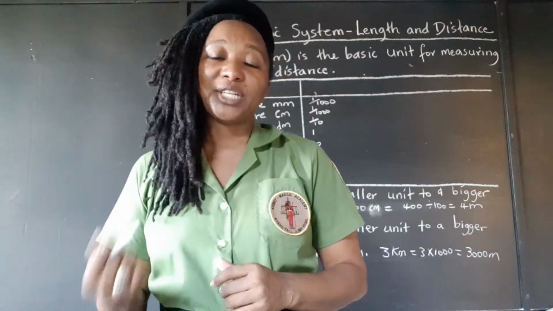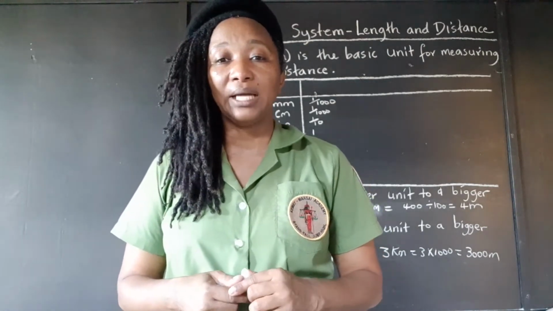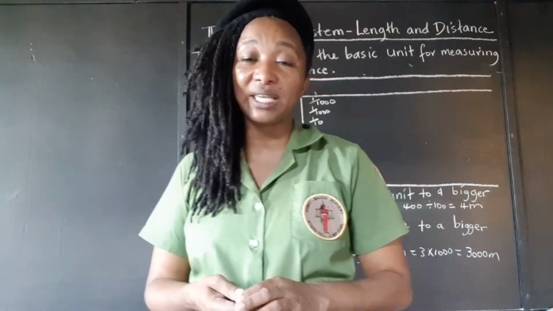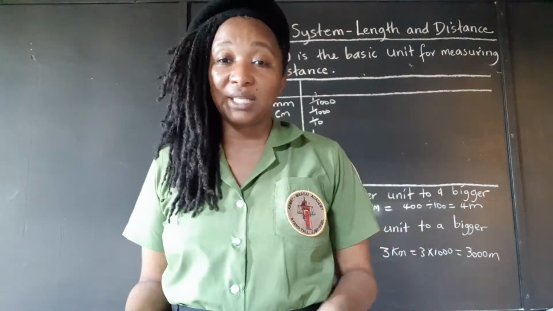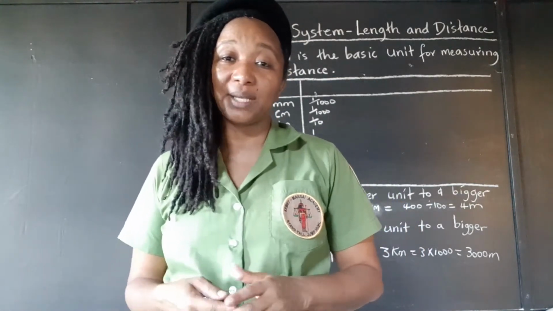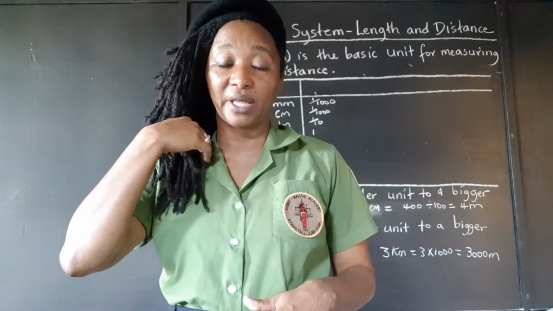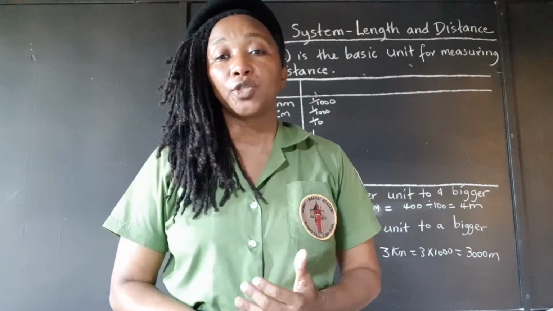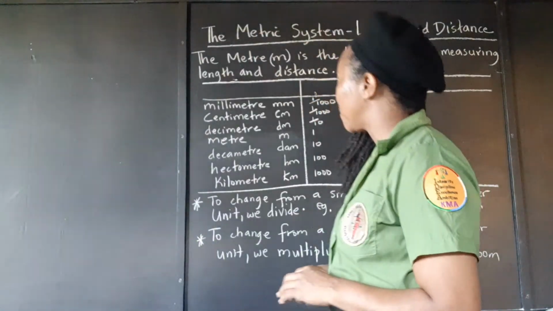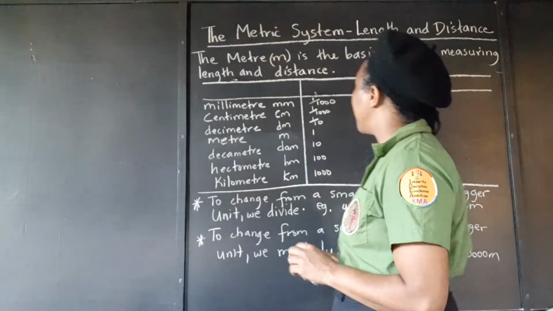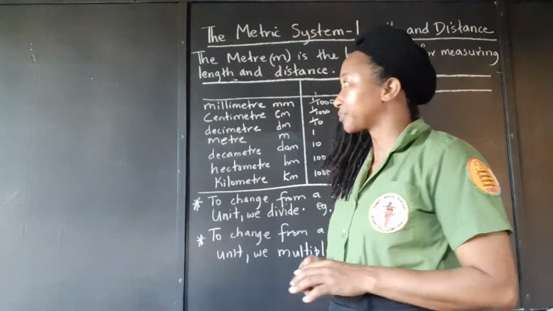So the metric system has become popular in many countries, and it's a system of 10, so it's a very easy system to use. Our system that we use in math generally is a base 10 system, so the metric system very easily translates into the other aspects of mathematics that we do. So we count in powers of 10, in units of 10. So we're starting with the meter, and as I said, the meter is the basic unit for measuring length, distance.